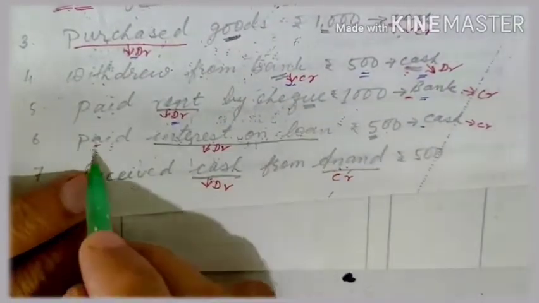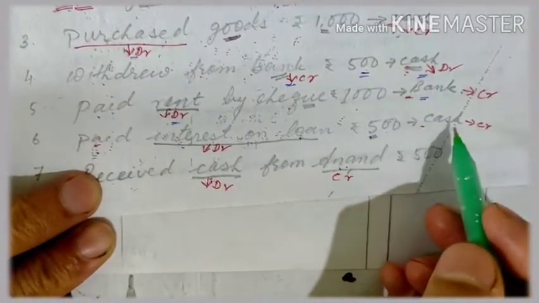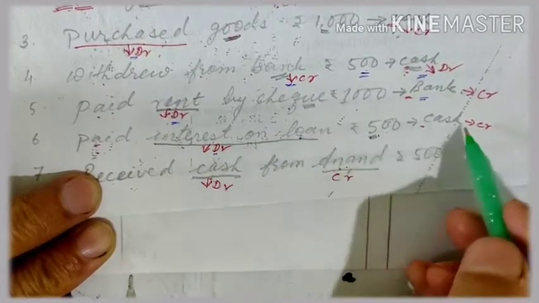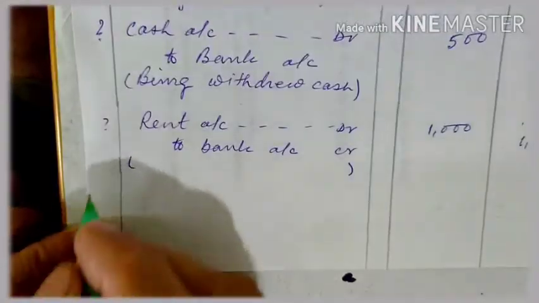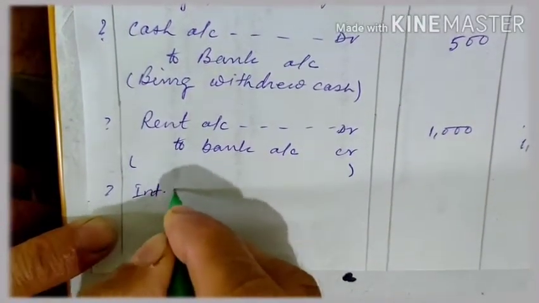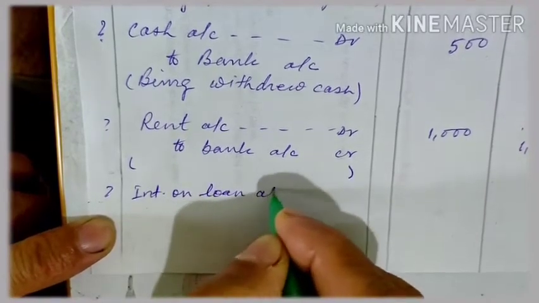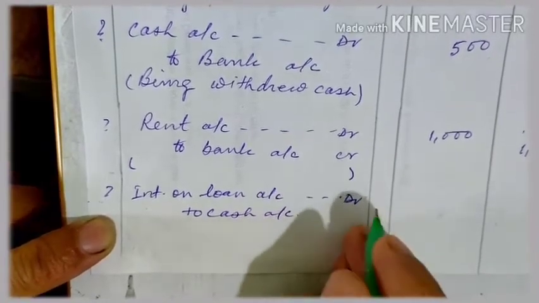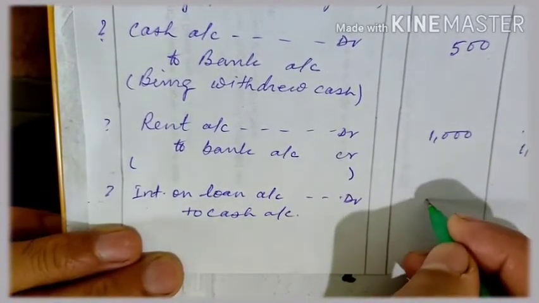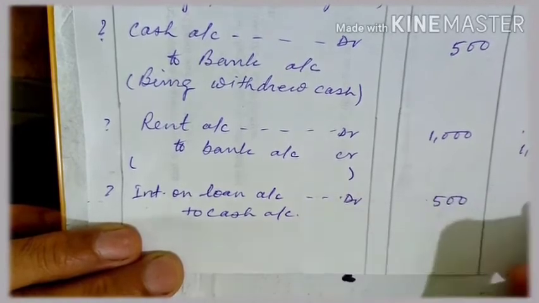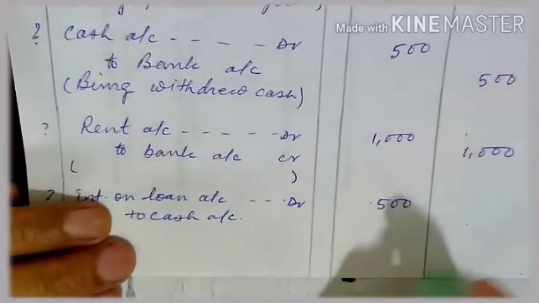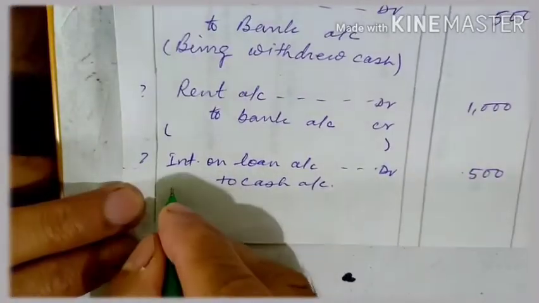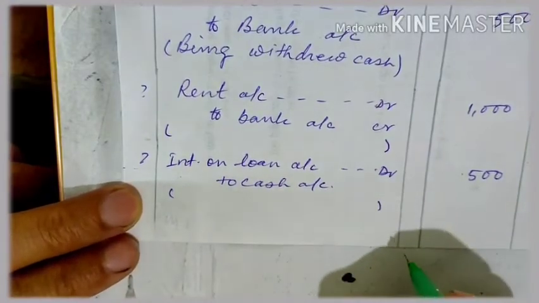Next you have paid interest on loan rupees 500. Okay, so again two aspects. Interest on loan is one debit, cash is credit. So we'll take the interest on loan first. Interest on loan account debit to cash account, and the amount is 500. Then again the narration being paid interest on loan.